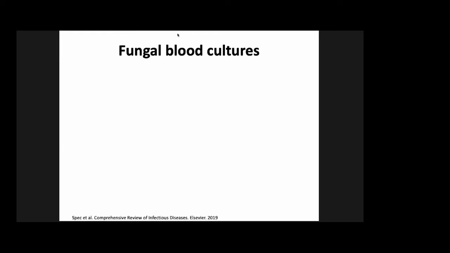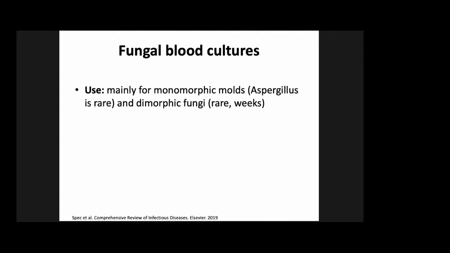Okay, or Fusariosis. This is mainly seen in cancer hospitals, guys. So if you're not in a cancer hospital or in a place that does BMTs, you may not see this so frequently. So what's the use for fungal blood culture? This is mainly used for monomorphic molds and for some dimorphic fungi.